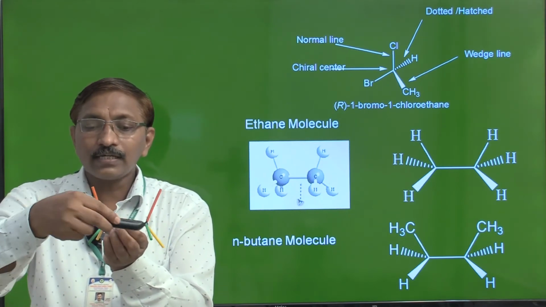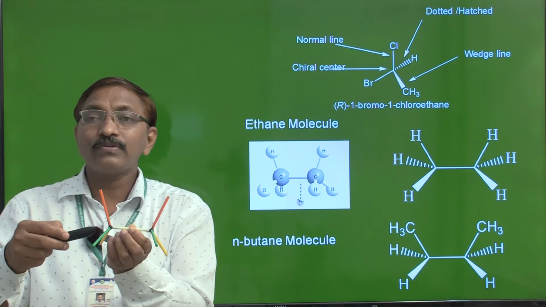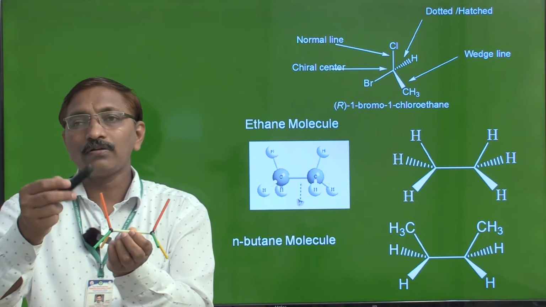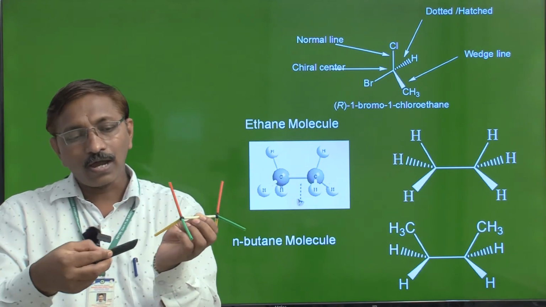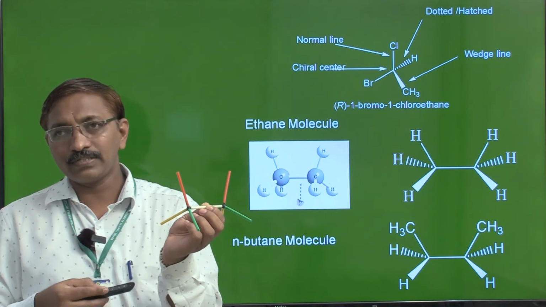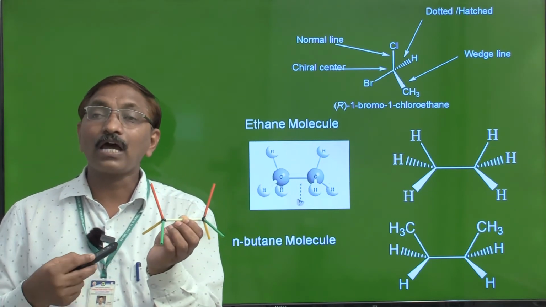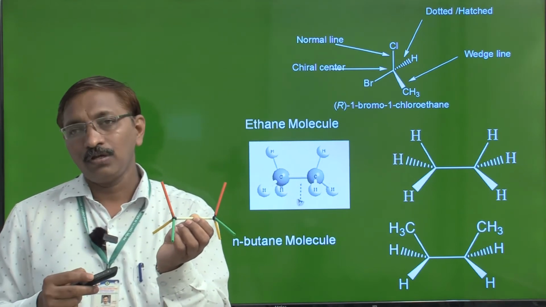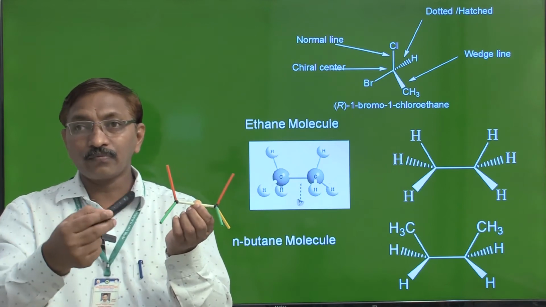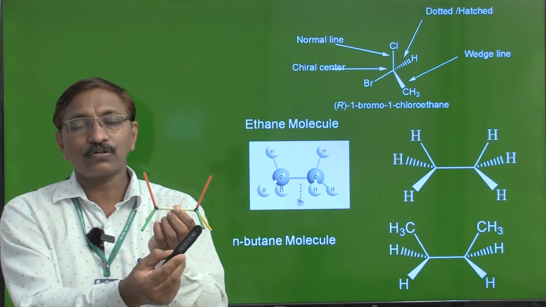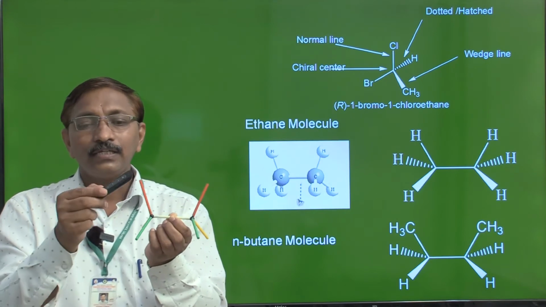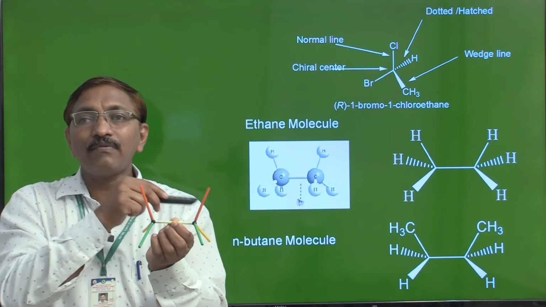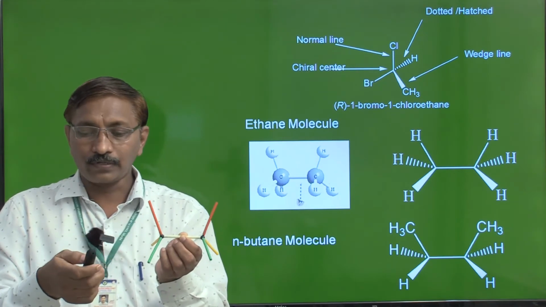While the 2 green hydrogen atoms which are towards you, towards the observer, are represented by a thick line or wedge line, the 2 remaining hydrogen atoms of the carbon which are going behind the plane, away from the observer, are represented by a yellow stick. So when we view from your side, these two hydrogen atoms are towards you, so they are represented by a thick line. These two hydrogens are in the plane, so they are represented by a normal line, while these two hydrogen atoms are away from you, so they are represented by a dotted line.